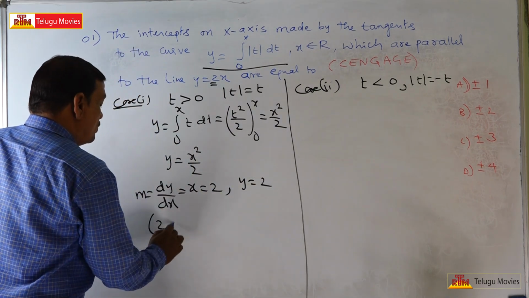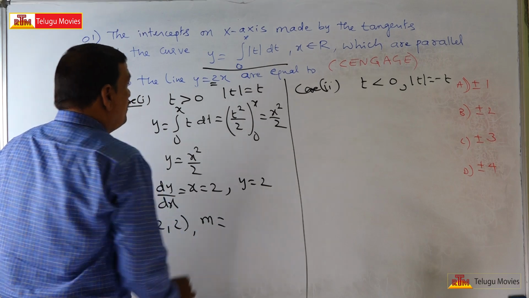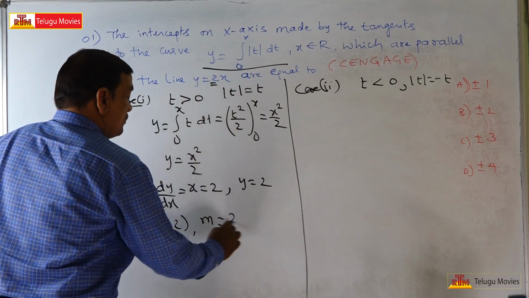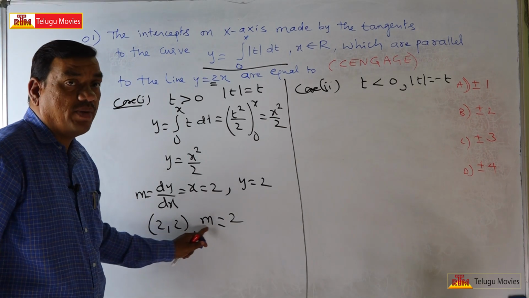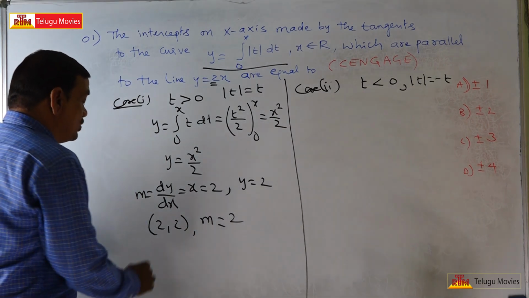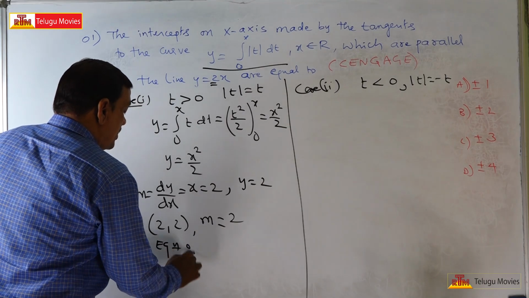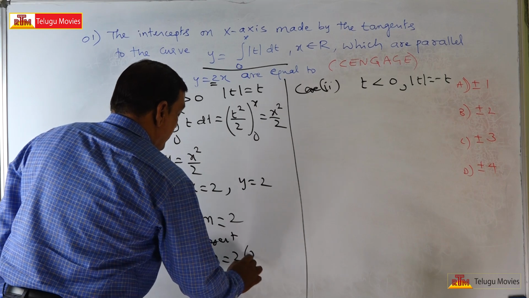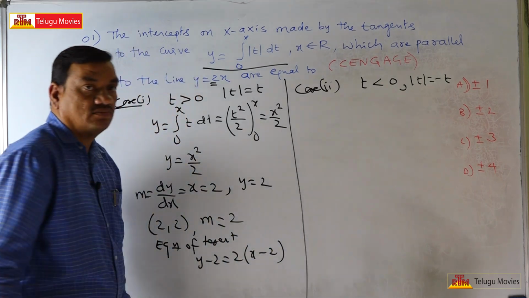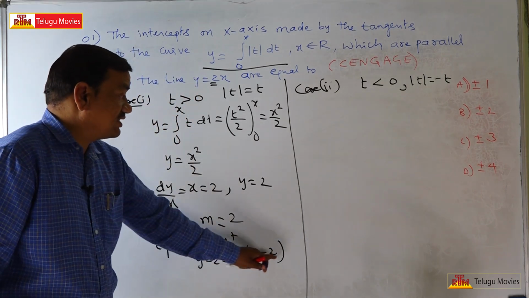Therefore on the whole, the point is (2, 2), and the slope is also 2. So the tangent passes through the point (2, 2) having slope m equals 2. The equation of the tangent is y minus y1 equals m into x minus x1.